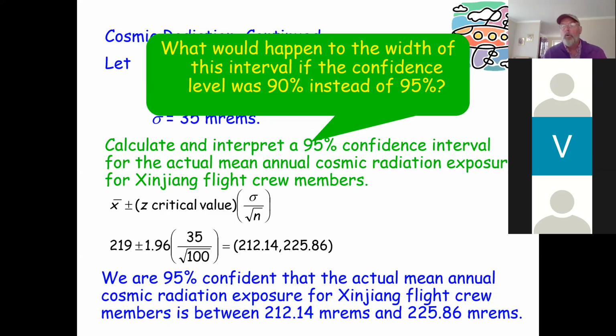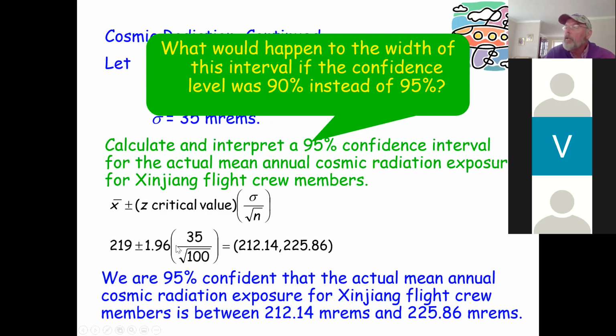Okay, so let's think about this. Now, Logan, what is going to be the z-score for 90%? That value is 1.645, okay? Compared to the z-score for 95%, that's 1.96.